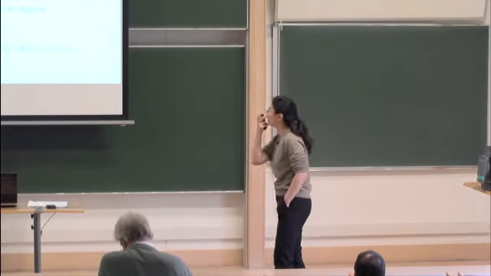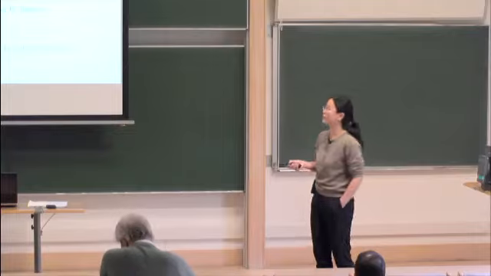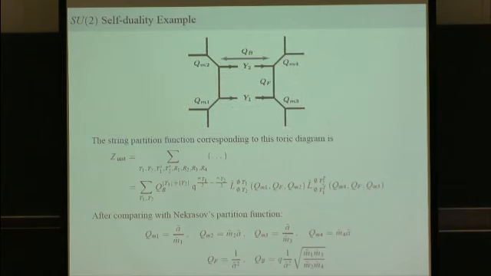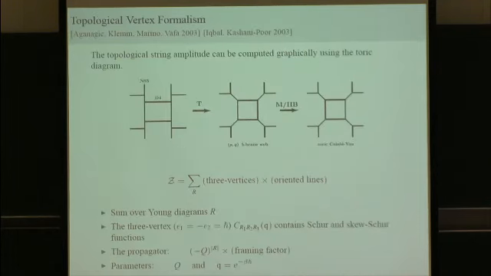So now the duality that I talked about before is just doing a reflection again on the toric diagram. And all the symmetries in particular, the topological vertex amplitude is computed up here by using this algorithm.